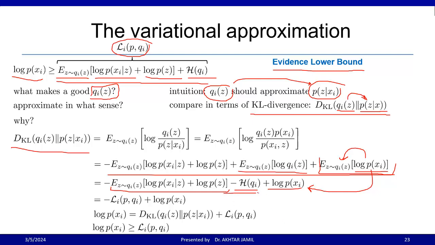In fact this one also, but these are all coming negative, so we have put it as the negative of the evidence lower bound plus this log of p of x of I. और यहाँ से हमें तो estimate करना है log of this p of x of I, so we can take it इस चीज़ को अगर हम उस साइड पे भेजें, so the final term that we are going to have is this one, कि log of p of x of I को estimate हम करेंगे, and this can be implemented. Now we will see it is equal to the KL divergence between these two distributions plus the evidence lower bound.